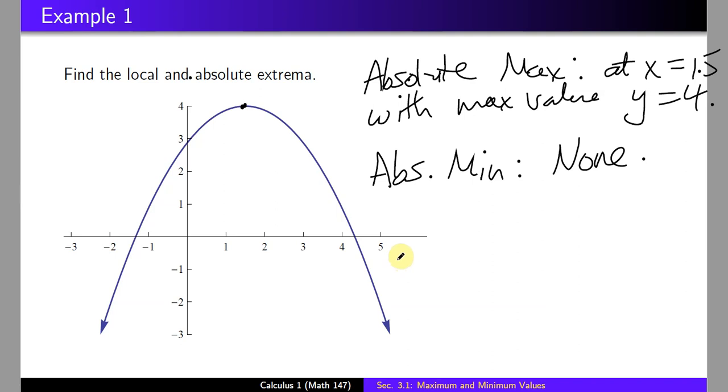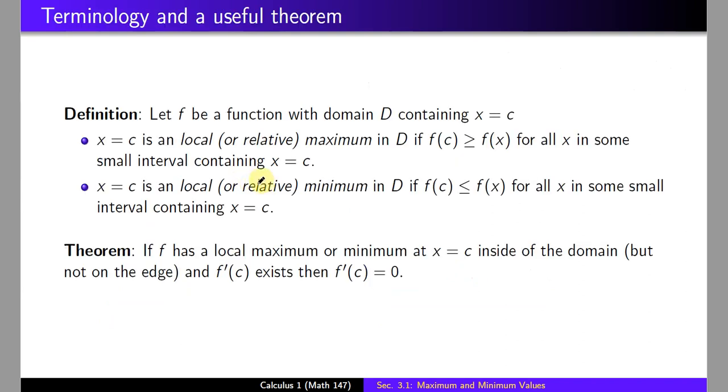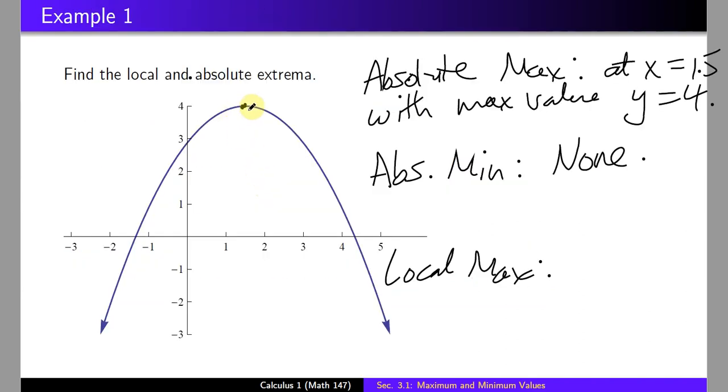All right, let's answer the question in terms of local. So local max. Well, in terms of a local maximum, we actually have the same answer. This is also a local maximum because you can find a small interval around x equals 1.5 so that if you're looking at the corresponding y values, this is the largest y value throughout that restriction.